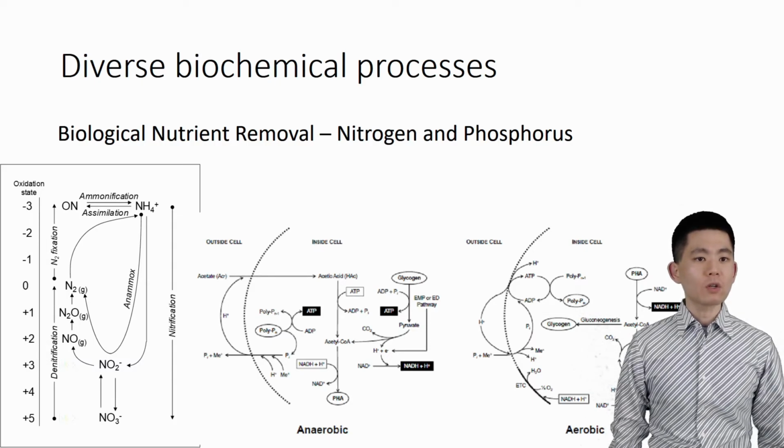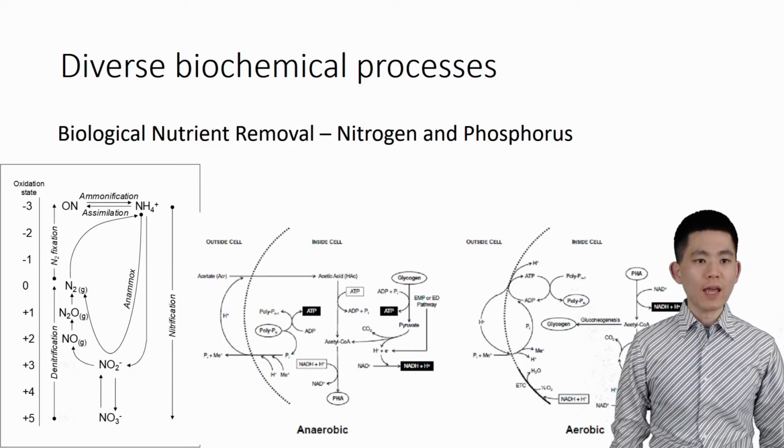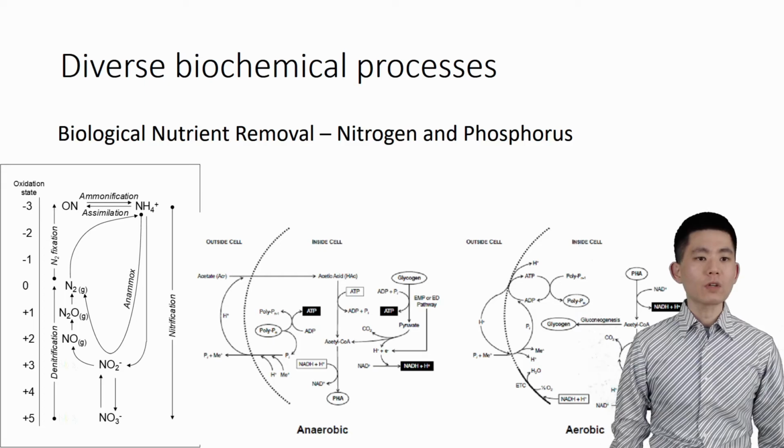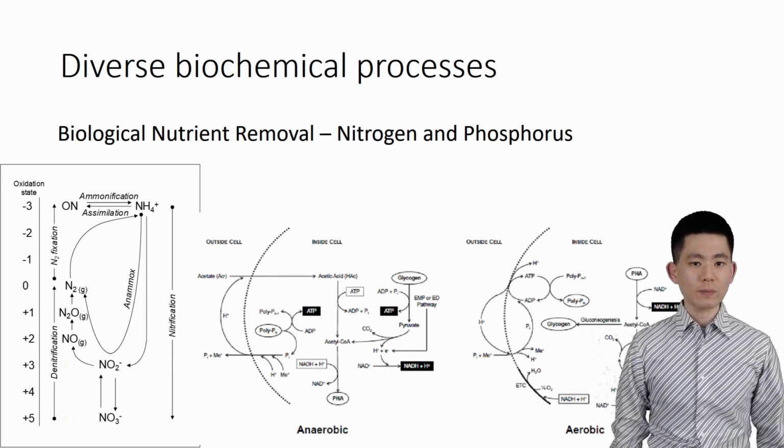In biological nitrogen removal, the organic nitrogen and ammonia are converted eventually to nitrogen gas, while in biological phosphorus removal, phosphorus is taken up by phosphate accumulating organisms, which can be separated and removed from the aqueous phase. We will also cover them in more detail later in the semester.